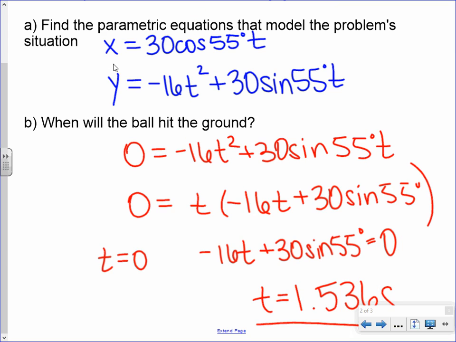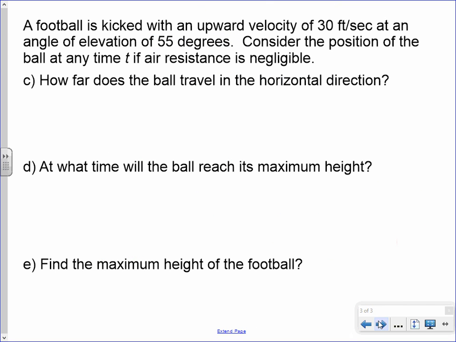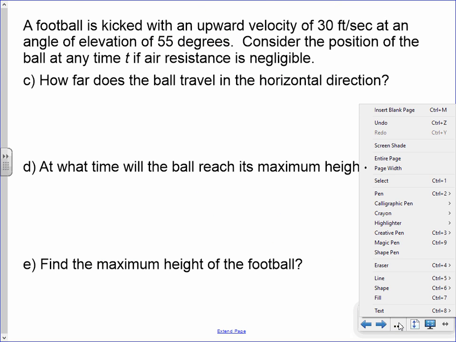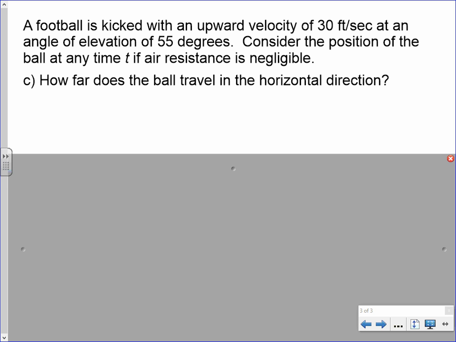Okay, all right, let's do a little bit more with this problem. Next, I want us to figure out how far does the ball travel in the horizontal direction? Does that correlate to time equaling 1.536 seconds?